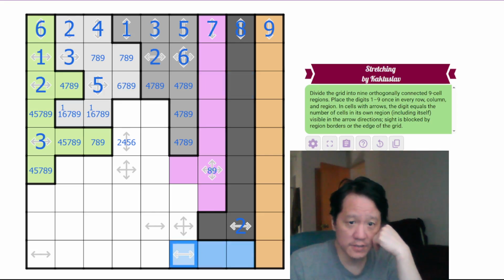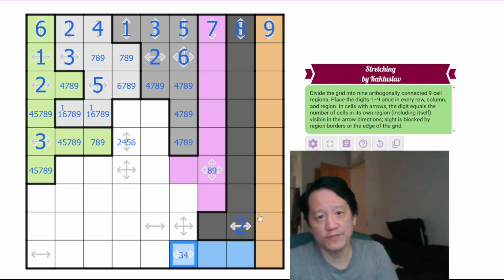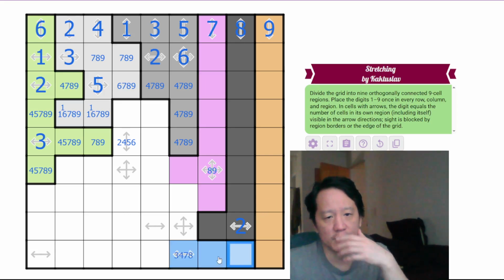This sees at least 3. So we have 3, 4, 7, 8, 9. It cannot be 9.